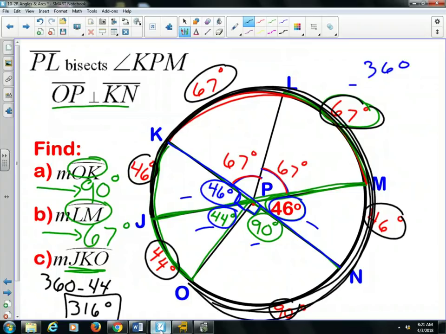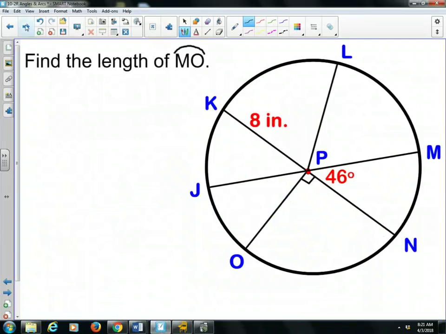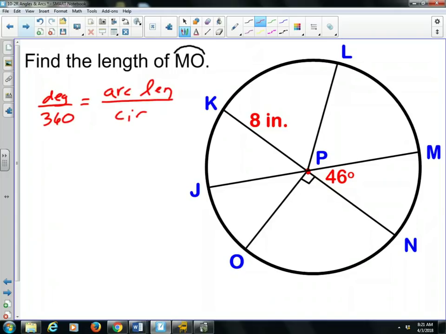All right, the last two of the day have to deal with finding the length of an arc. So if we want to find the length of an arc, we have this proportion where it is the degree divided by 360. That equals the arc length divided by the circumference. Okay, that's our formula.